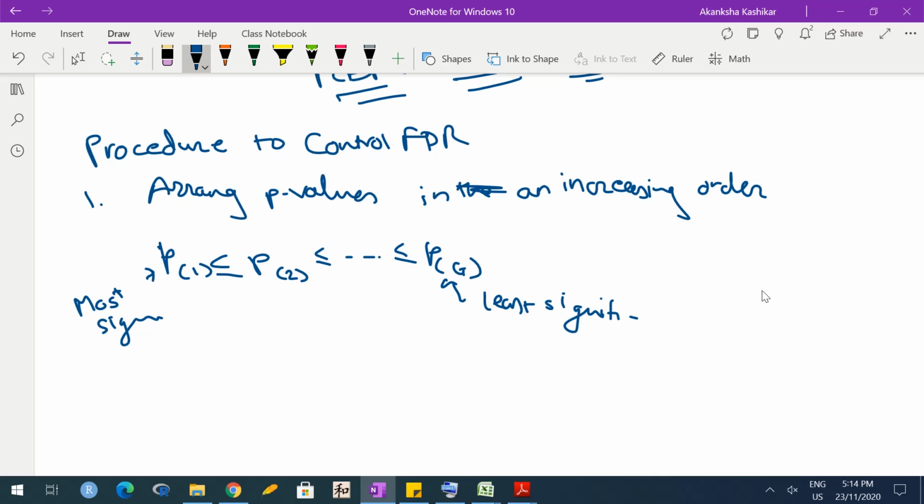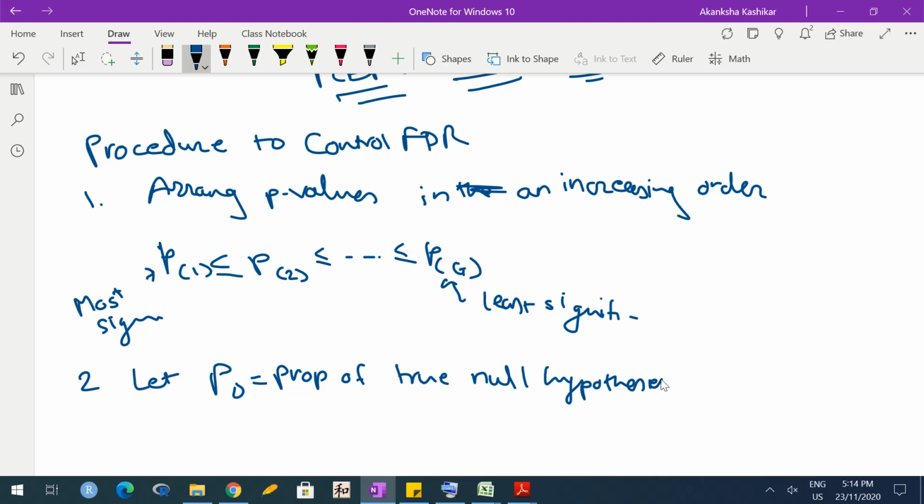Then let P naught be the proportion of true null hypotheses. So basically G naught upon G. But we know that this proportion is in most of the cases unknown. So we generally work with a conservative value of P naught, that is 1.